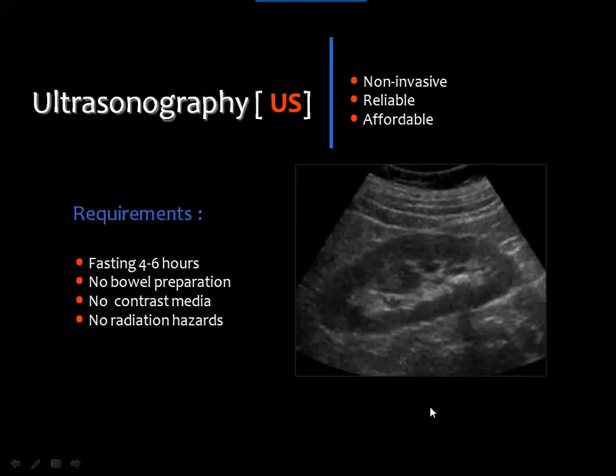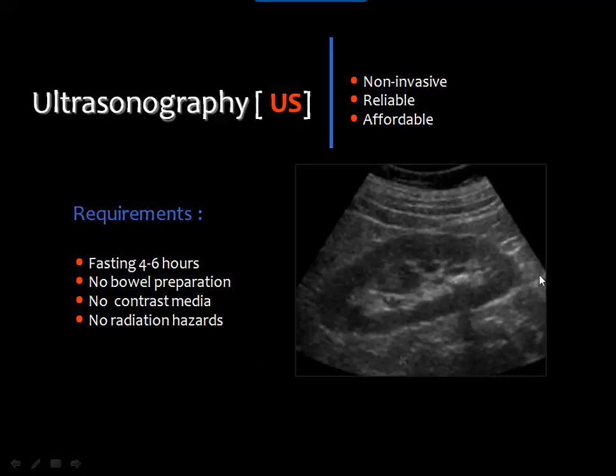If you want to examine the patient with ultrasound, there may be some need to fast to remove some of the unnecessary gases in the abdomen, and you do not use contrast material similar to the CT or IVU, and there are no radiation hazards, as you all know.